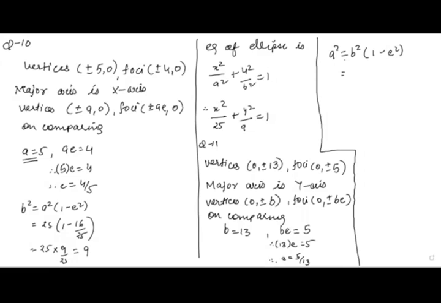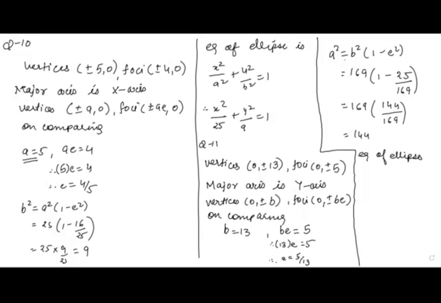So a square is 169 into 1 minus 25 upon 169. Pythagorean triplet, I know that the subtraction will be 144, and I want the value of a square as 144.